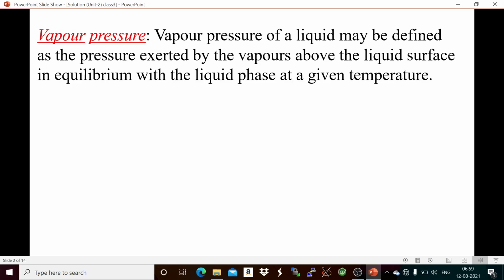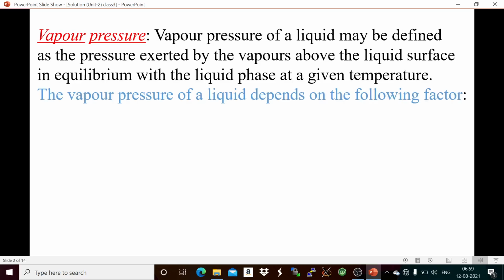Now that means if we place a liquid in a closed vessel, when the liquid evaporates, the vapor from the liquid cannot escape as the vessel is closed, so it will exert some pressure on the surface of the liquid, and this pressure is known as the vapor pressure.